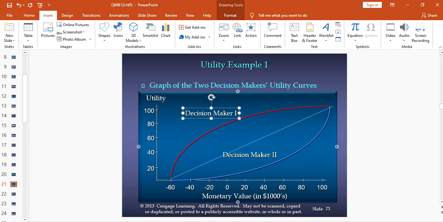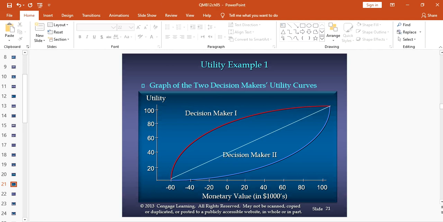Okay, so this curve is for decision maker 1. Step by step, when the expected monetary value increases, the utility increases as well, and when it goes up to a level, the utility gets flat, no more increase. But here at the beginning it is flat and suddenly goes up.